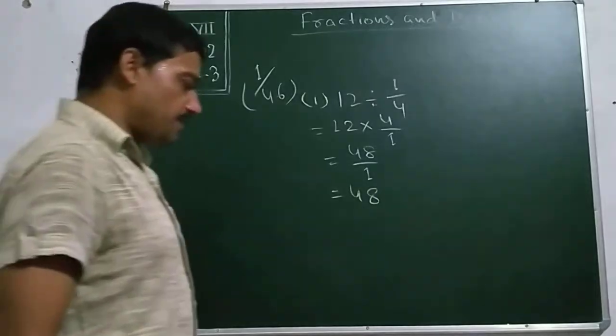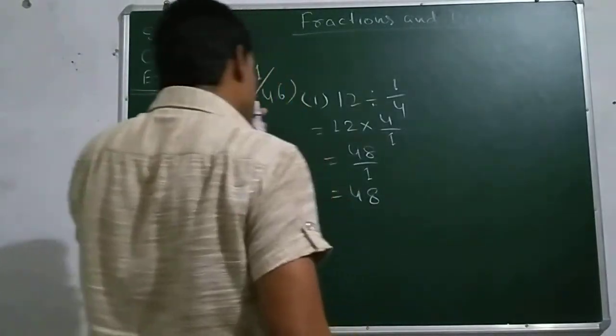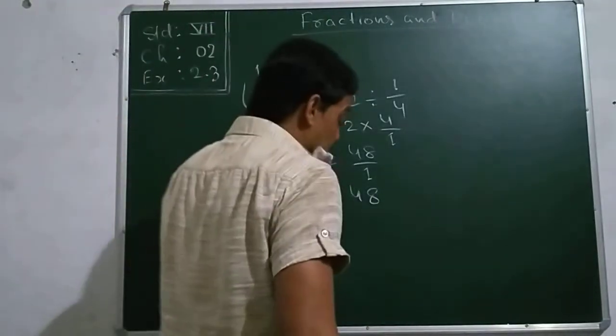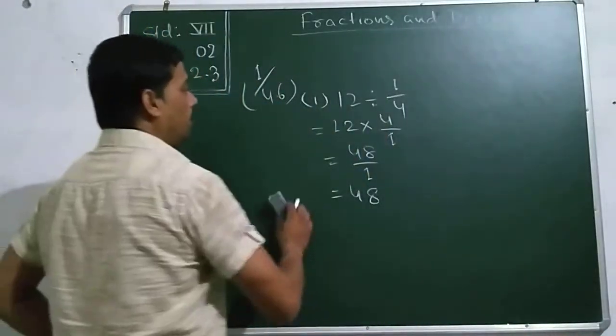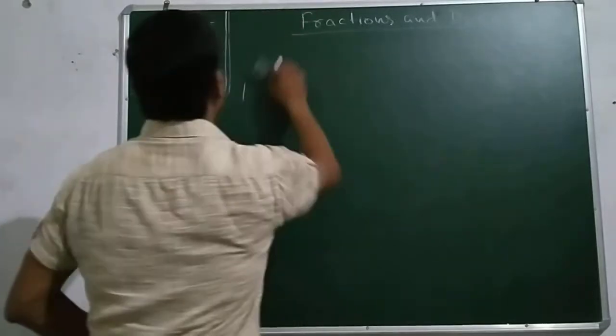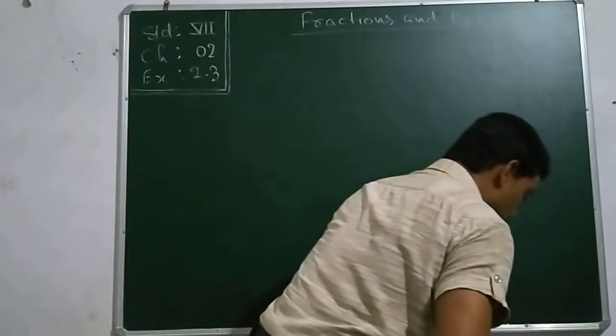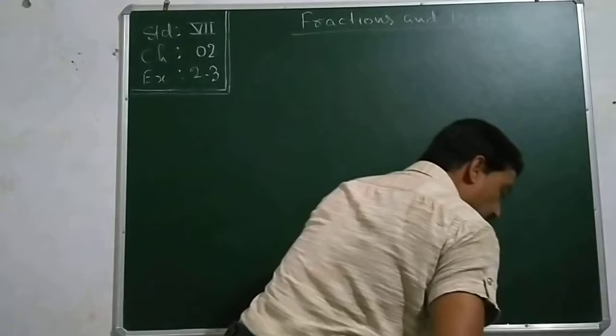Similarly, you can solve the remaining sums of one number, but in the two number sum, some more explanation is required. See here in the two number, several numbers are given.